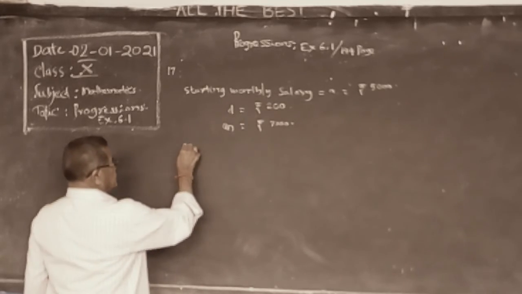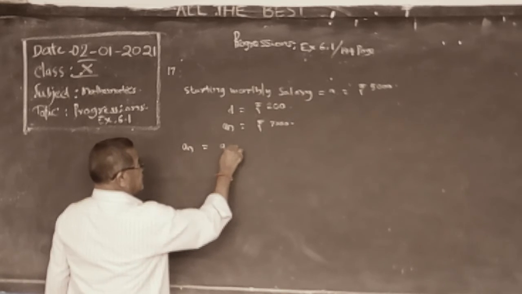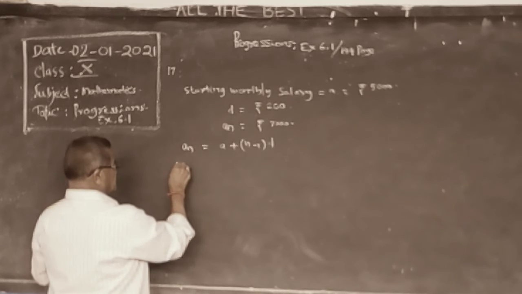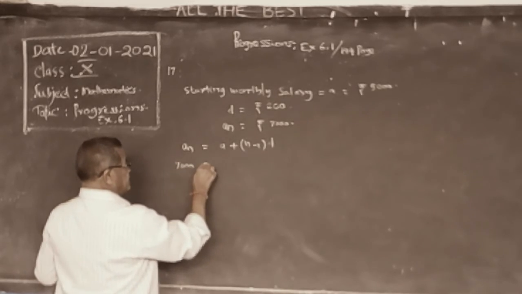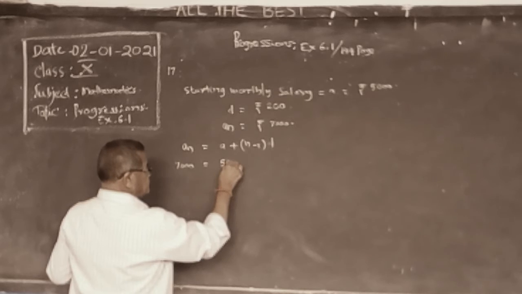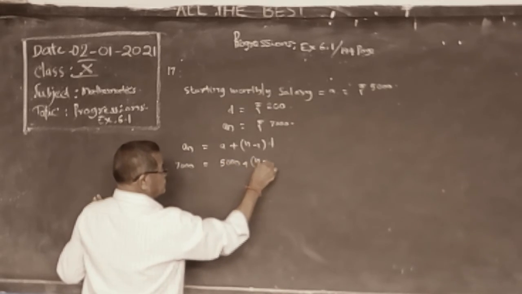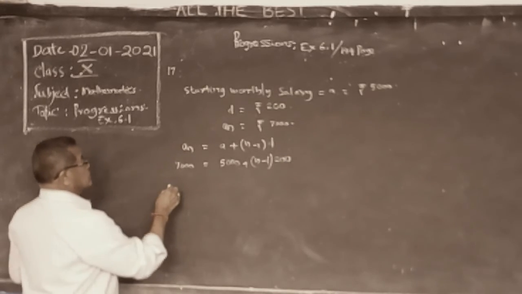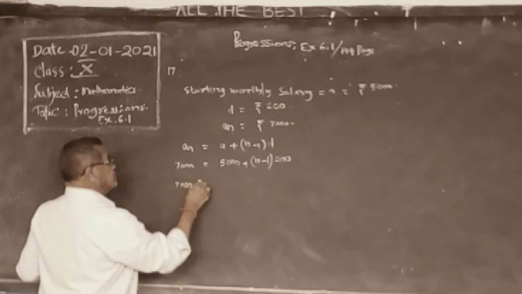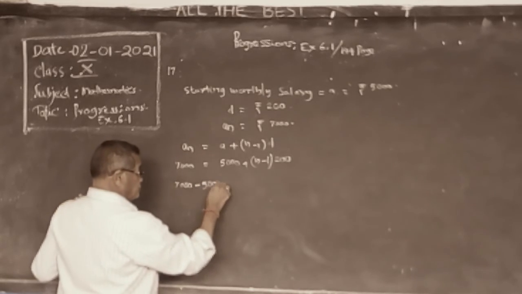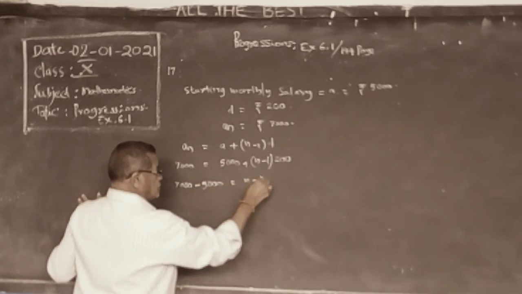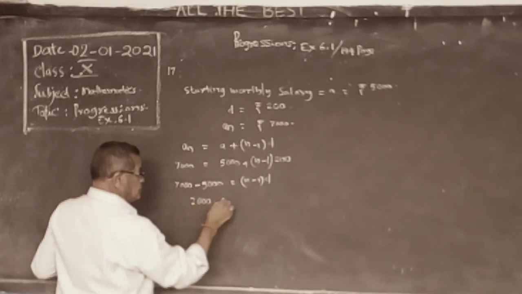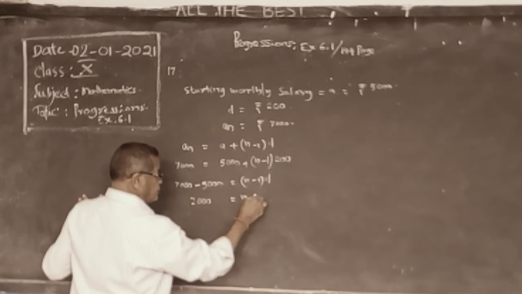Apply the formula: An is equal to A plus (n minus 1) of D. An given 7,000, A given 5,000, and n we don't know. 7,000 minus 5,000 is equal to (n minus 1) of D. 2,000 is equal to (n minus 1) of D.